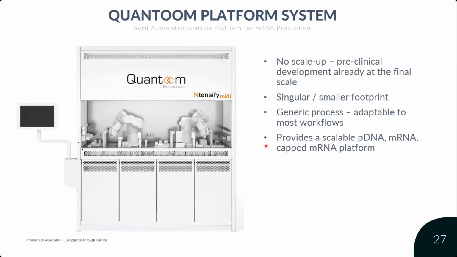Then you don't run into situations where you have comparability issues, or you have to show a lot more characterization and development work to be able to say that you can properly scale up your process and get a comparable product at the end of the day, with the same function and the same therapeutic benefits. So the preclinical development is already at the final scale. All you'd have to do is scale these systems out.